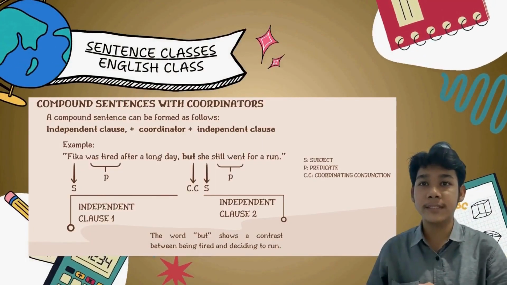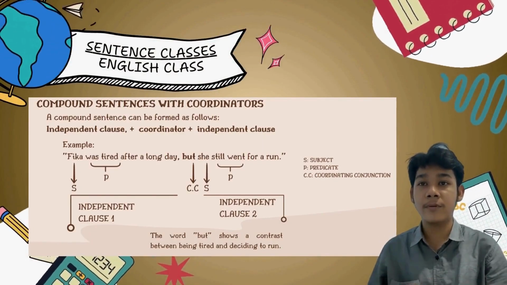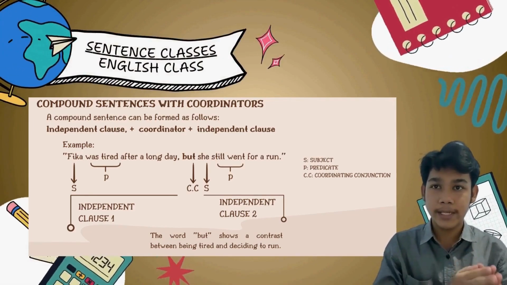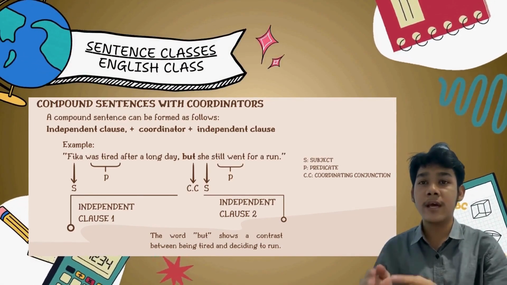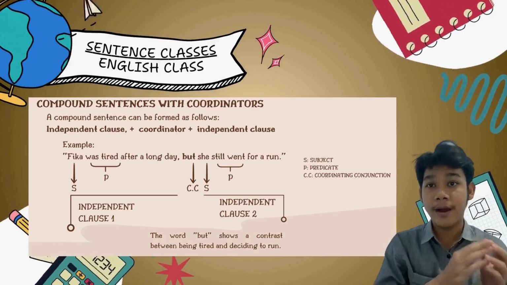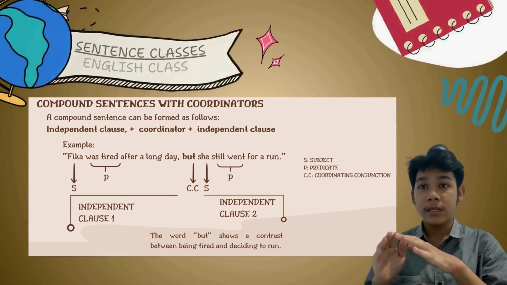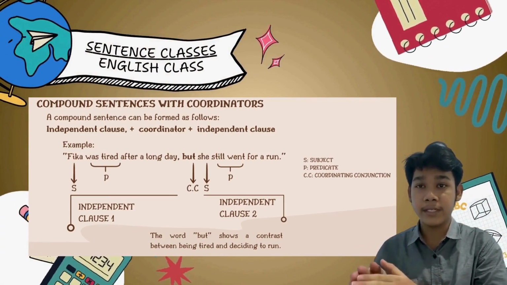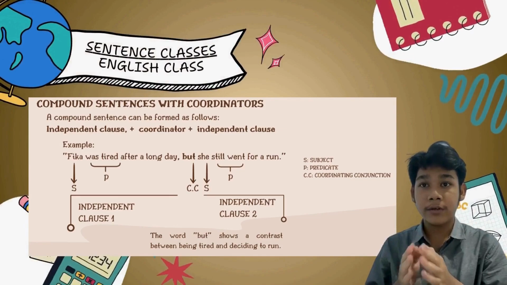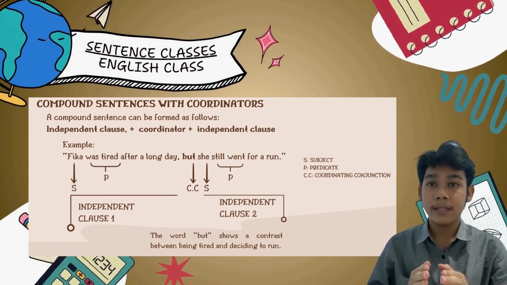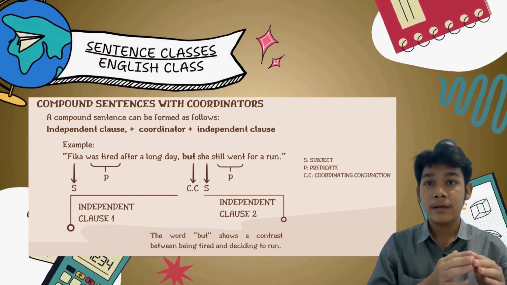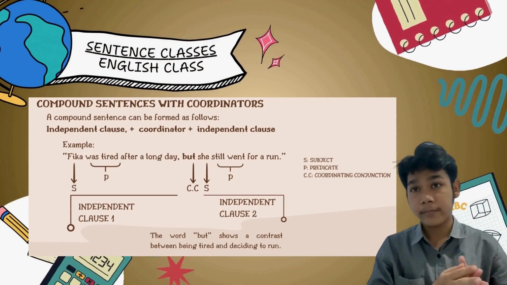So compound sentences with coordinators can be formed as independent clause, coordinator, and independent clause again. For example, Fika was tired, but she still went for a run. The first independent clause is Fika was tired, the coordinator is but, and the last independent clause is she still went for a run.